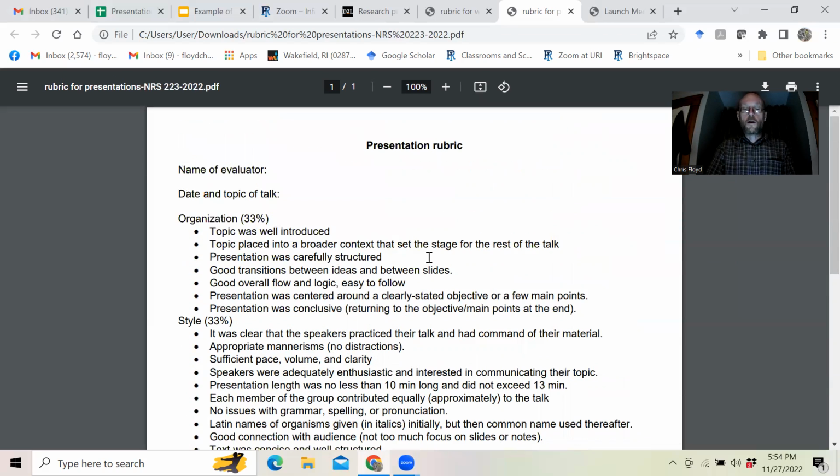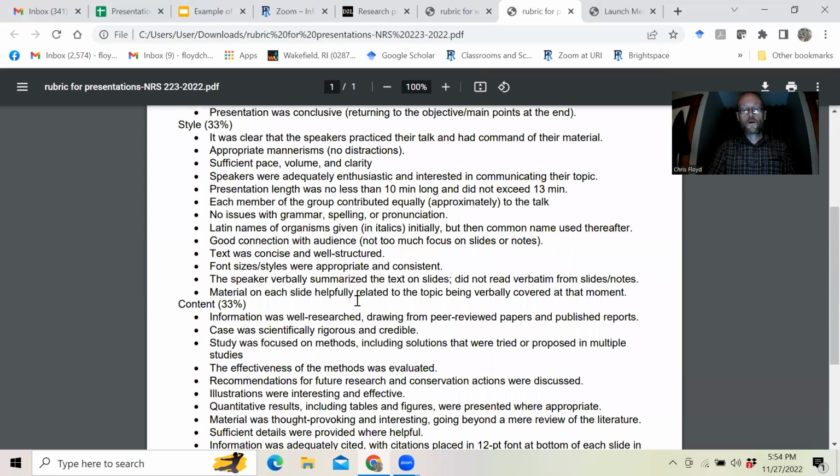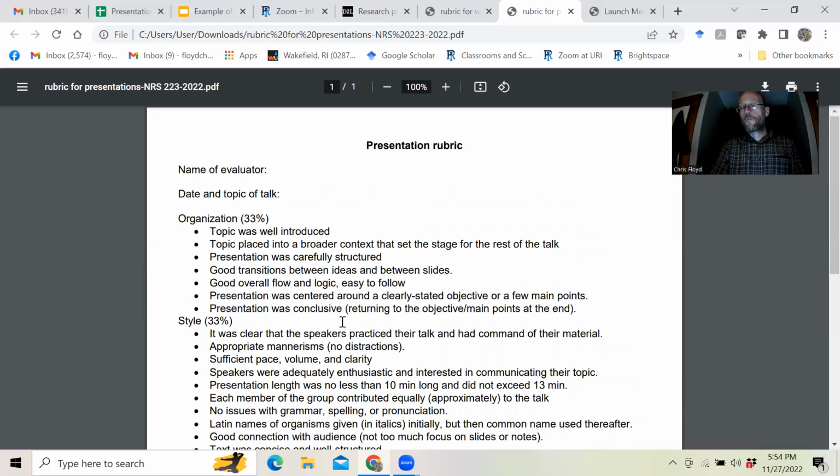This also should be used not as a guide for creating a presentation, but after you've pretty much made it, look through this rubric and check it off yourself, to see how well your presentation matches up with what you see here. I expect most students in this class have not yet given a scientific presentation.